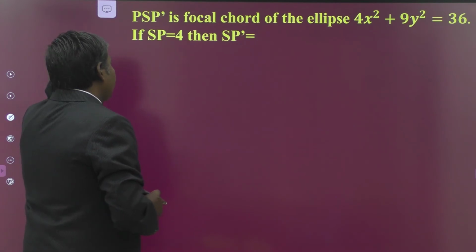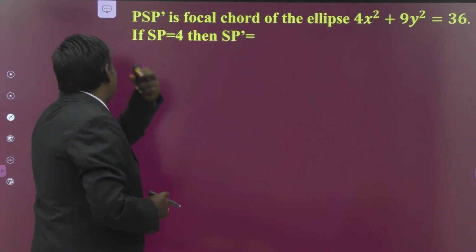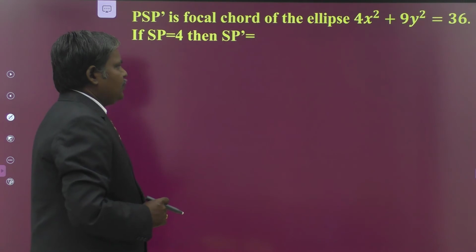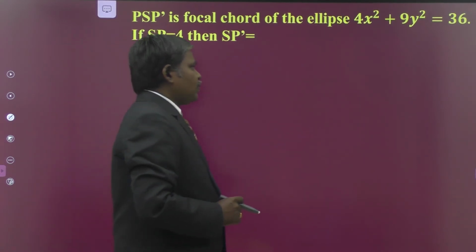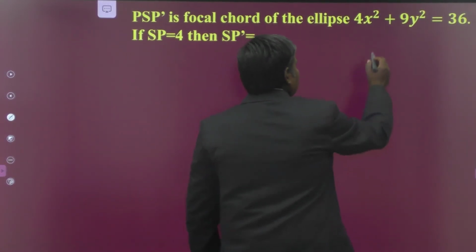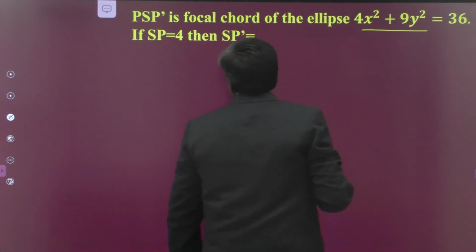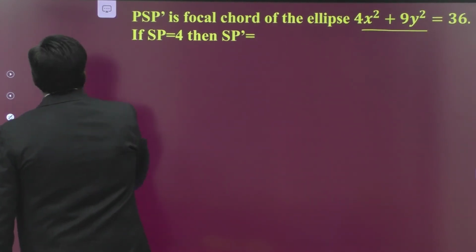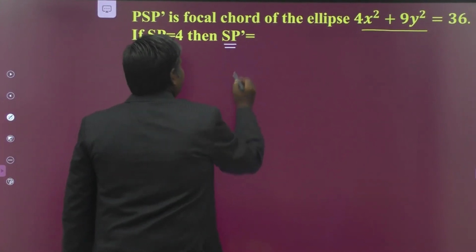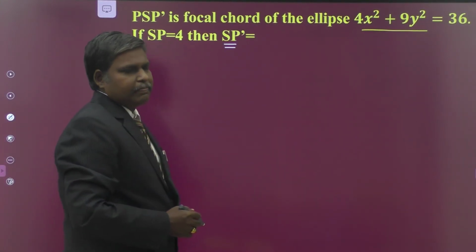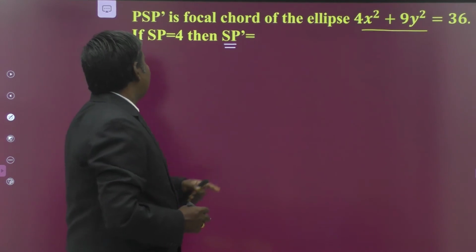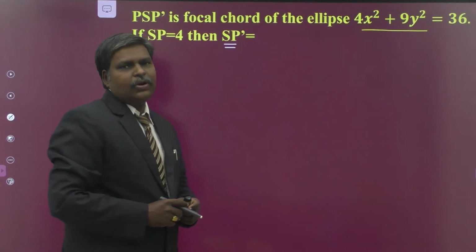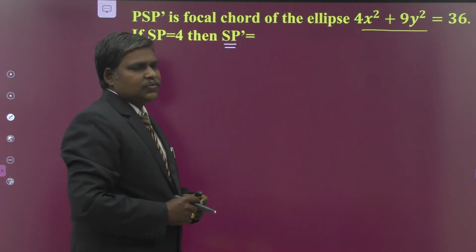See here, PSP dash is a focal chord of the ellipse 4x square plus 9y square is equal to 36. If SP is equal to 4, then you have to find SP dash. What is a focal chord?